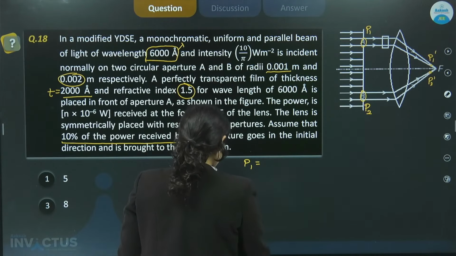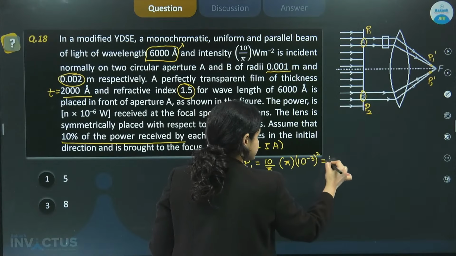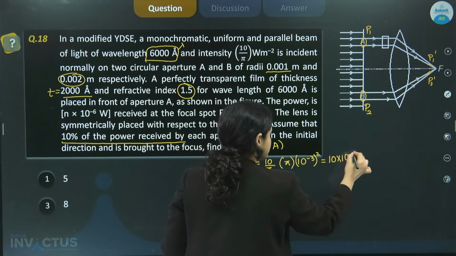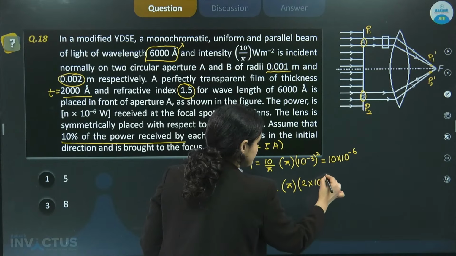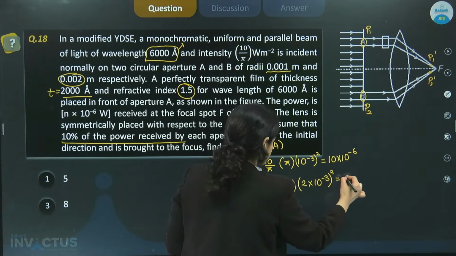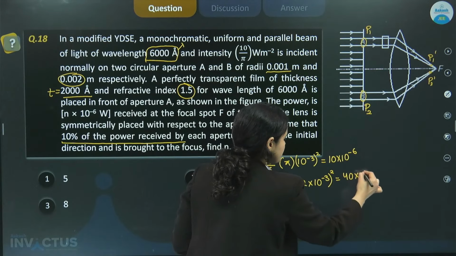Okay, now intensity is 10 by pi, area हो जाएगा इस circular aperture का pi into 10 to the power minus 3 whole square. ठीक है, so this is turning out to be 10 times of 10 to the power minus 6 watts. Now जो power receive हो रही है for the second hole B के लिए, that is again intensity multiplied by area, pi into 2 times of 10 to the power minus 3 square. So this is 40 times 10 to the power minus 6.